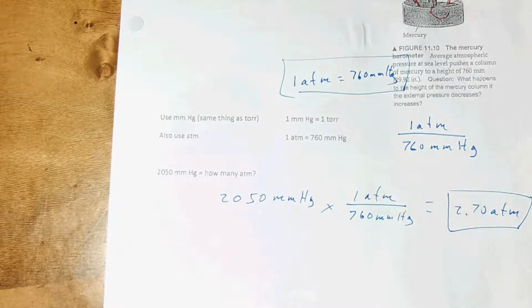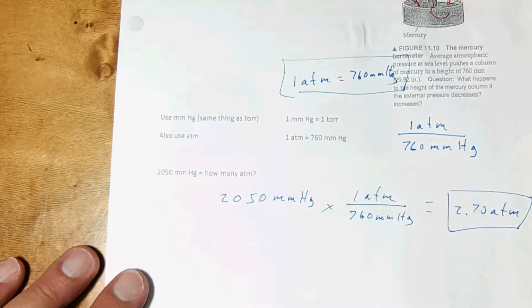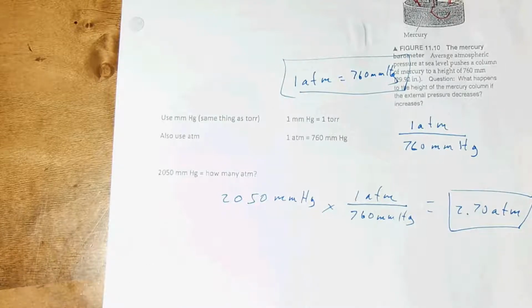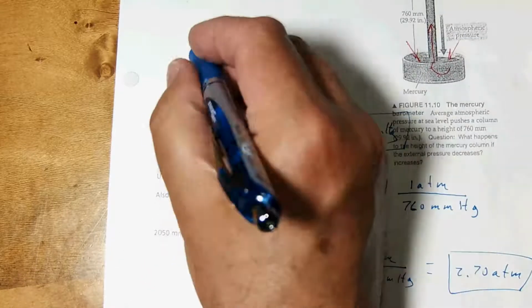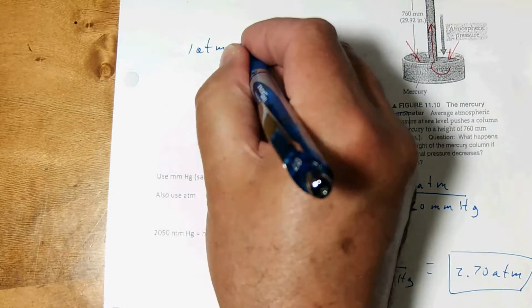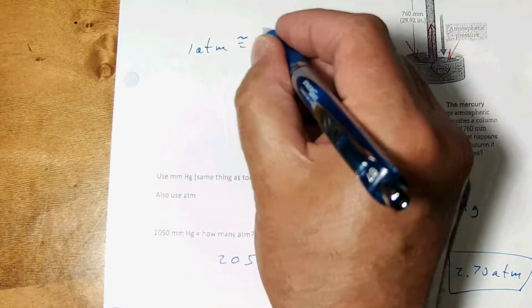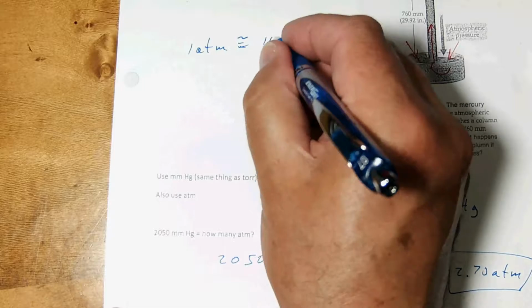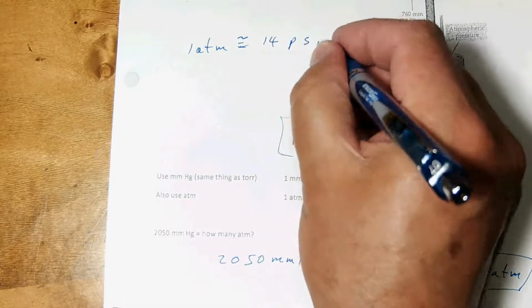For what it's worth, there's other units of pressure. You might see PSI, pounds per square inch. When you're filling up the tires on your car, you measure the pressure inside the tire with pounds per square inch. I think 1 atmosphere of pressure is approximately 14 pounds per square inch.